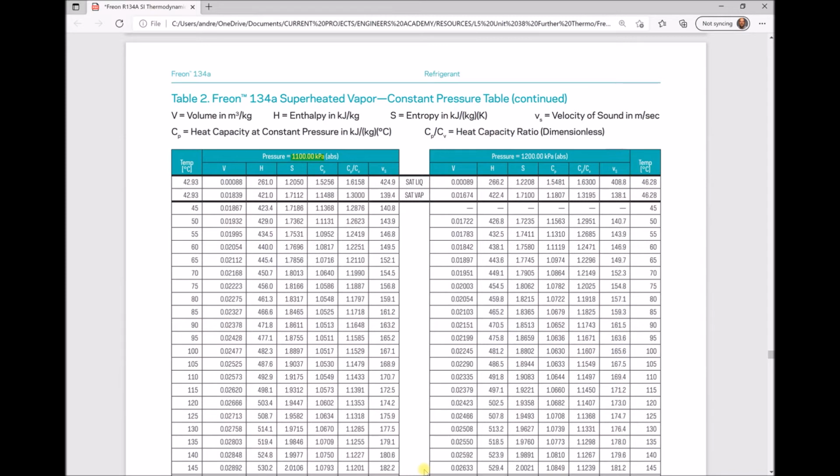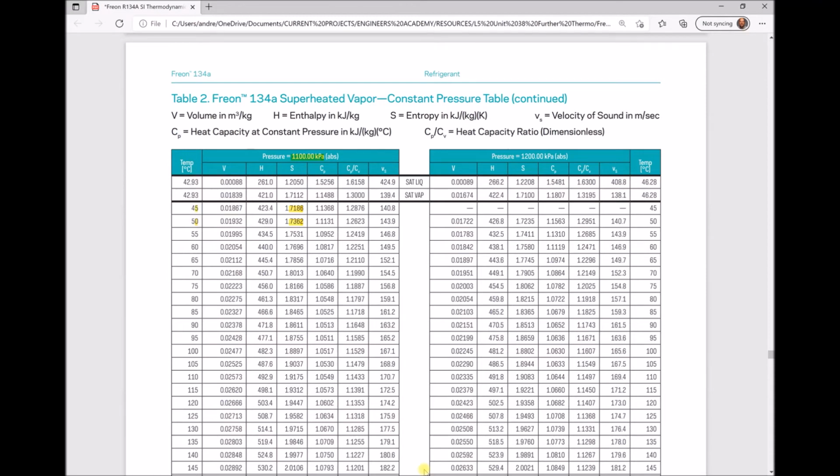Now recall that we had an entropy value of 1.7304. Well, here we have an entropy value of 1.7186, and here we have an entropy value of 1.7362. So our 1.7304 sits between those two values. Therefore, we know the temperature of our refrigerant is between 45 and 50 degrees.